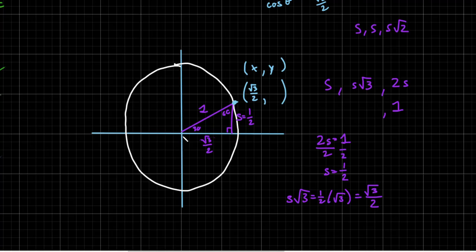Vertically is like this direction. What is the length of this side right here? That's this angle. What is this length right here? What do we figure out s to be equal to? Yep, 1/2.